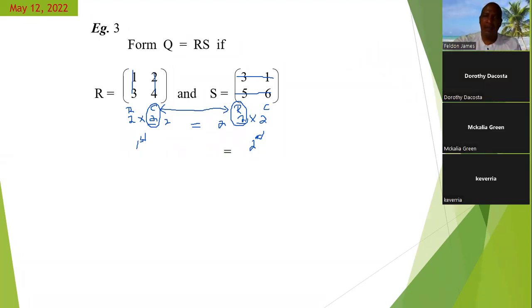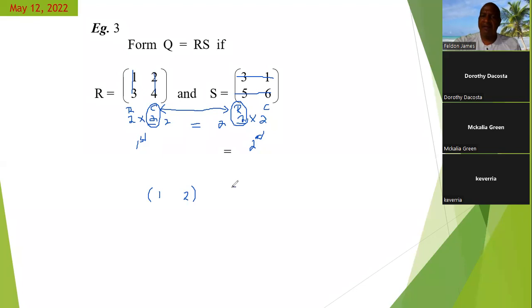So let me use another example. Maybe it will come across easier to you this time, right? Now, let's say we have this matrix here. So I have a 1 and a 2.